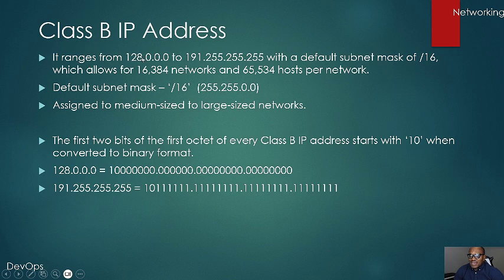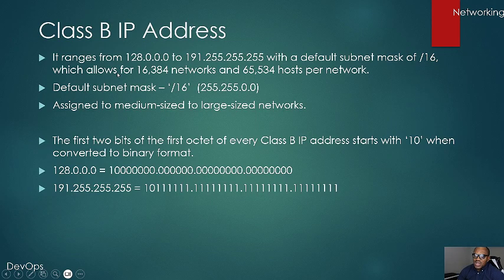And we also have Class B IP addresses, which range from 128.0.0.0 to 192.255.255.255. Class B has a default subnet mask of /16, meaning that the first 16 bits of a Class B address will be used for the network address.